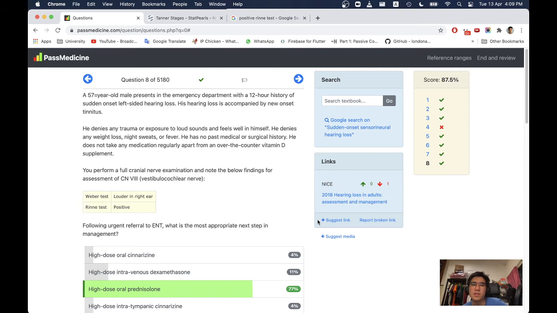A few reasons: even if it is an intracranial lesion, giving steroids will reduce edema and relieve the pressure on the nerves temporarily as well. If it's vestibular neuritis, there will be inflammation. Prednisolone, like corticosteroids, suppresses the immune system, so it suppresses the inflammation as well.